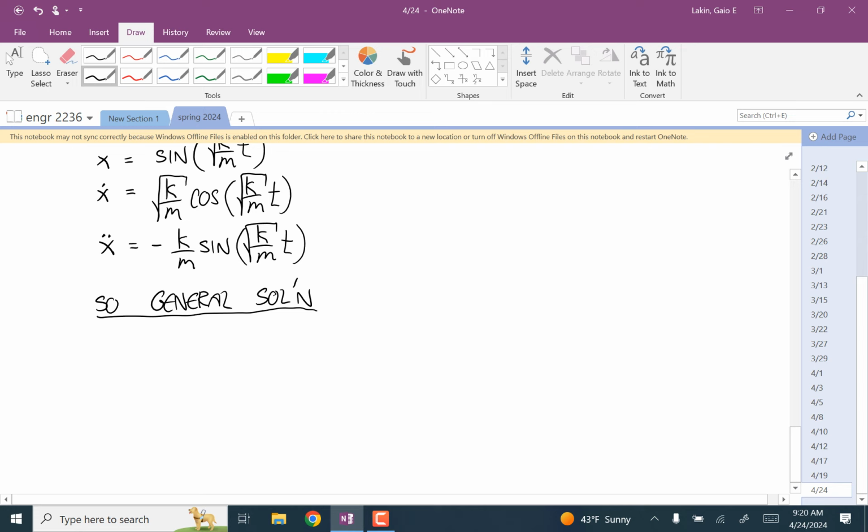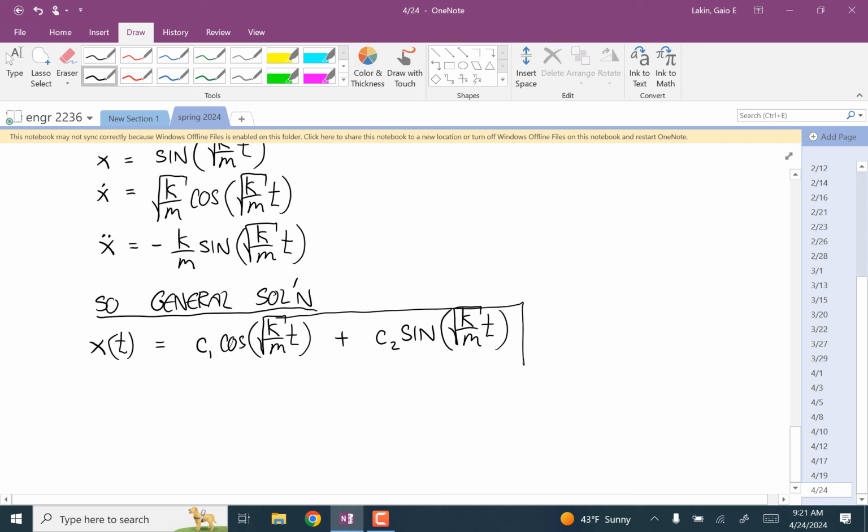The general solution is x is equal to some constant c1 times the cosine of square root of k over m t, plus c2 times the sine of the square root of k over m times t. Okay, that's before the boundary conditions.